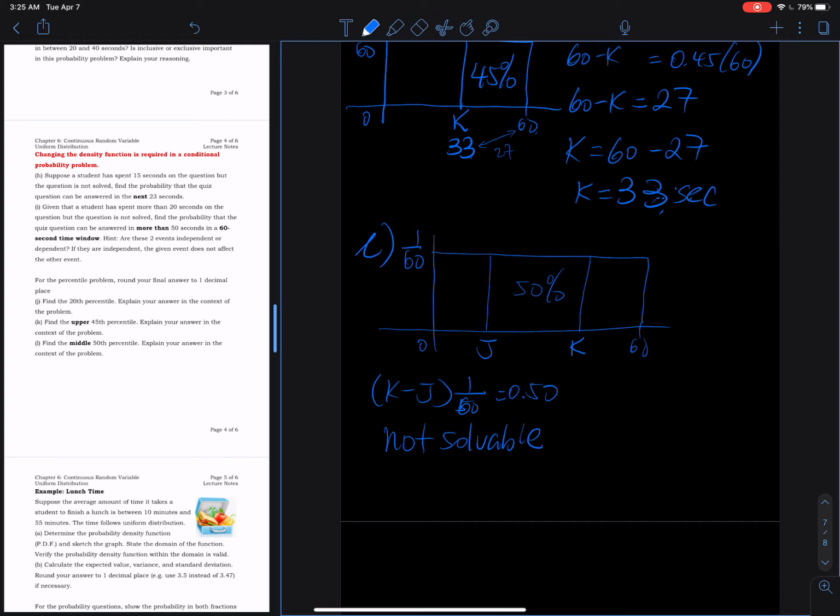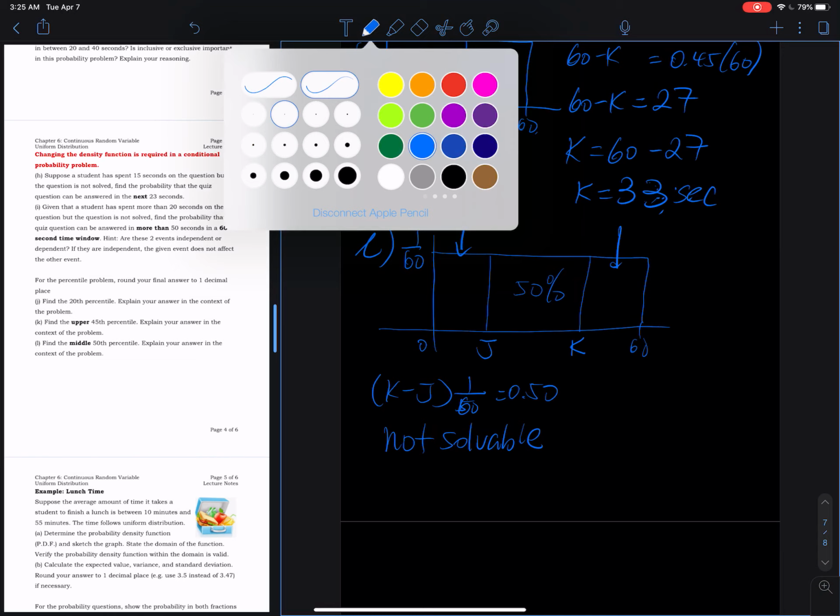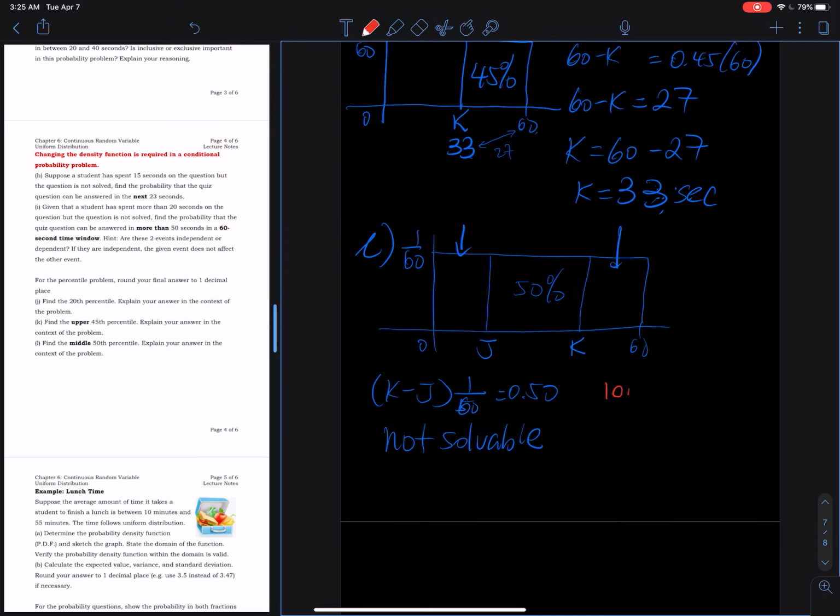I am not able to solve one equation with two unknowns. Then what can I do? I need this and this. How much are those? You take 100%, which is the entire rectangle, minus 50, divided by 2, that equals 25, right? So I have 25% in here and there.